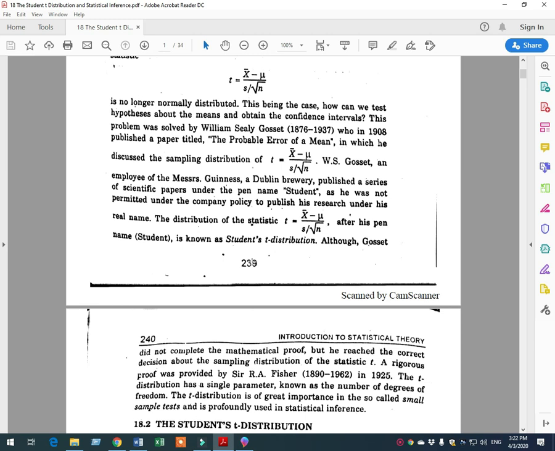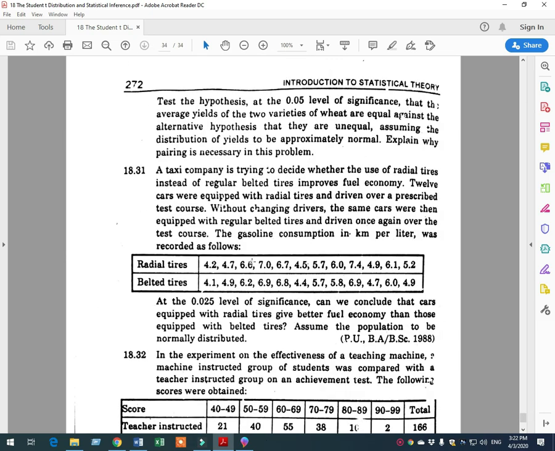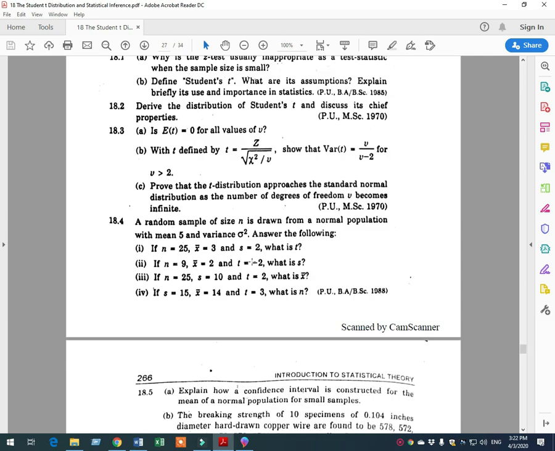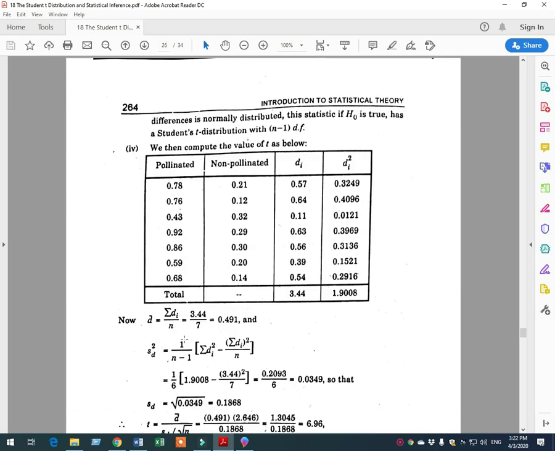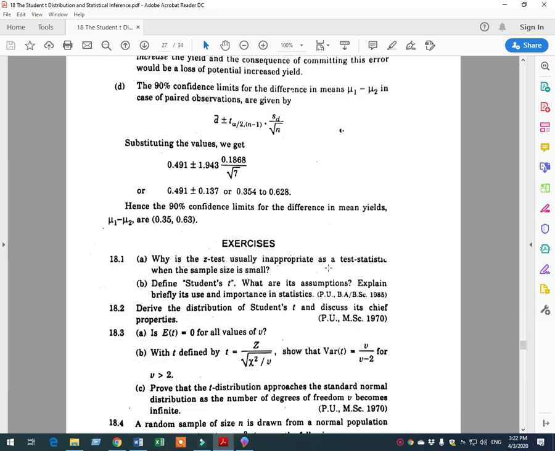Anyway, I would not be explaining this chapter in detail, but I'll just be practicing the related questions, and those questions would be taken from the exercise, and the exercises start from page number 265.